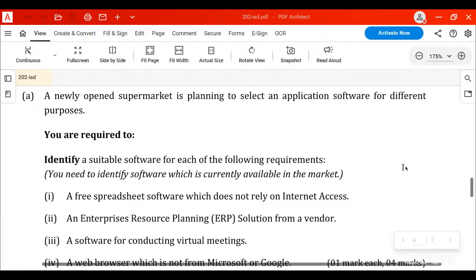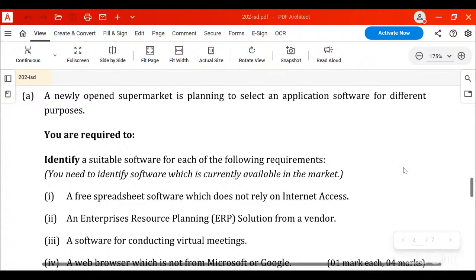You are not supposed to select obsolete software products. You have to indicate what is available. First, a free spreadsheet software which does not rely on internet access.